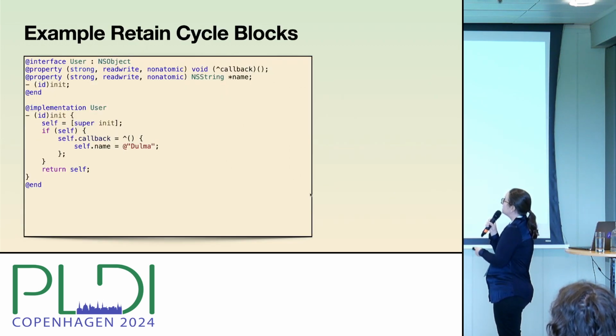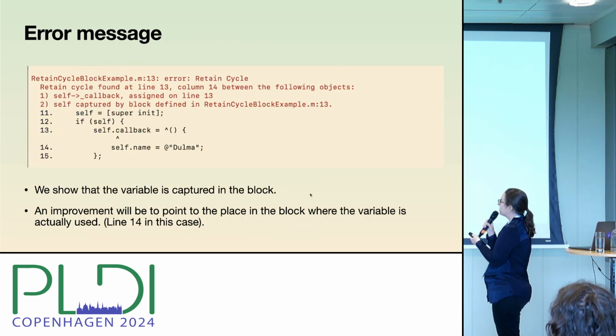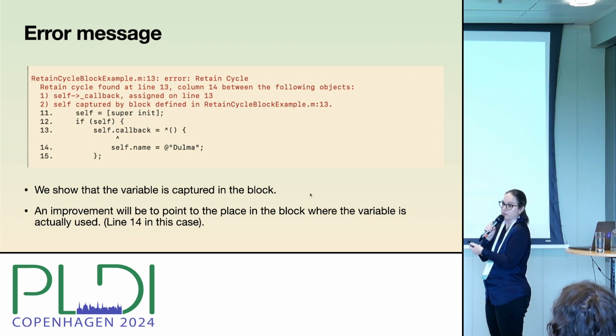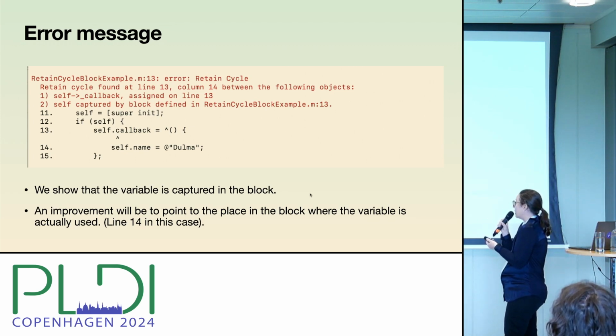And then in this example about blocks, we say the same, but we say self arrow callback is one of the objects assigned on line 13, and then in the other one we say self was captured by this block defined here. So we can give this information about where the objects involved in the cycle are.